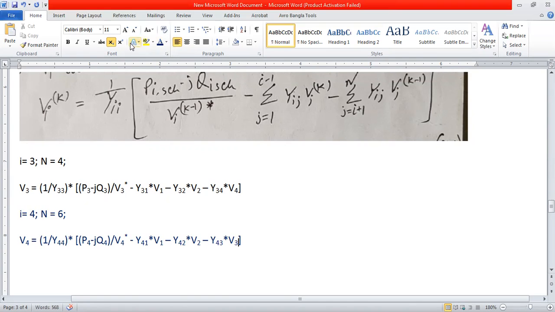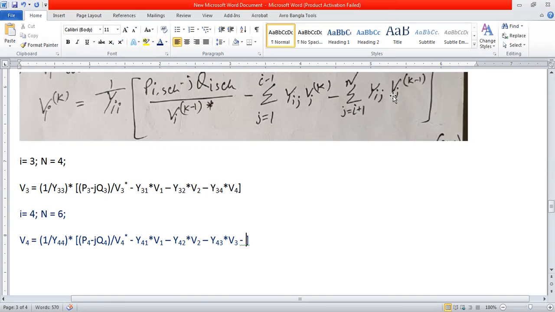So next, here, that is I plus 1 up to N. I is equal to 4, so 4 plus 1 means 5, and the total number of buses is 6. So 5 to 6, so there will be another 2 terms. J starts at 5 and goes to 6.